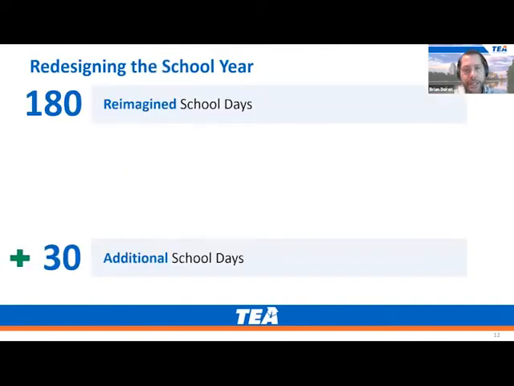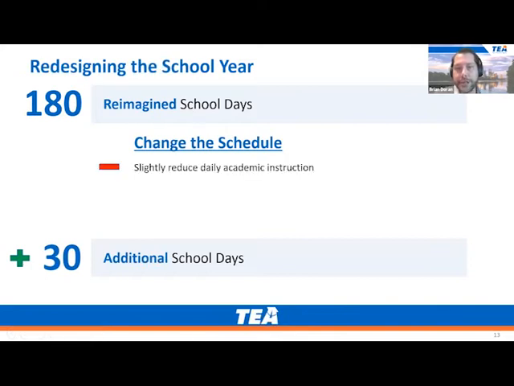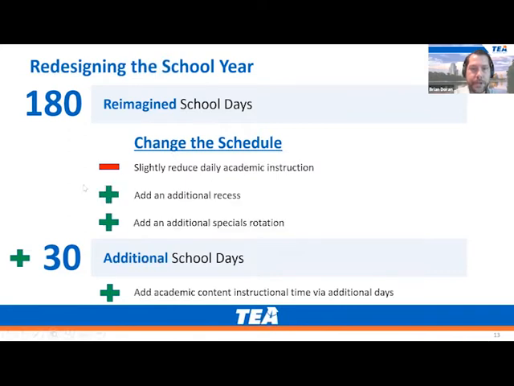To do so, we're going to take 180 reimagined school days. We're going to add 30 additional days. And with those reimagined school days, we're changing the daily schedule. We're slightly reducing your daily academic instruction, and we're adding that over the course of the additional 30 days. So we're not actually missing out on that academic instruction. We're just changing the exact timing and scope and sequence. Then with those daily changes, we're adding an additional recess, we're adding an additional specials rotation.